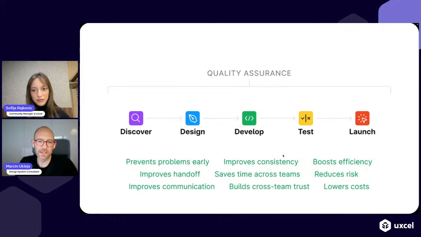This is a very important idea of quality assurance. It also improves consistency, and it helps us work better with different stakeholders and teammates. And at the end, it lowers the costs, because the whole process is quicker: if we don't have to repeat our mistakes or fix them along the way, it will simply be faster.